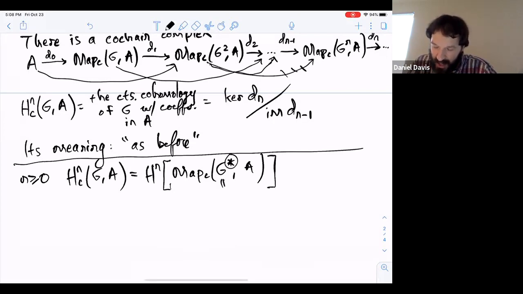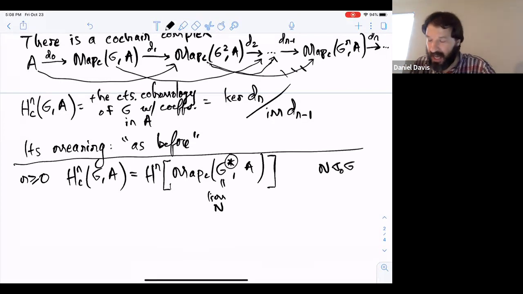It turns out that this is the limit over... we're often going to be looking at letting n vary over all the open normal subgroups of G. For shorthand, I'm just going to write that as n.